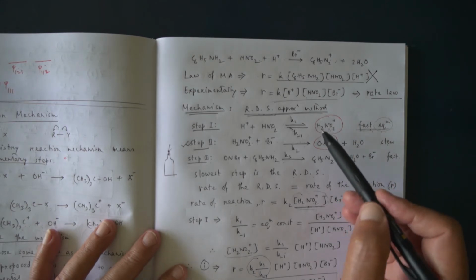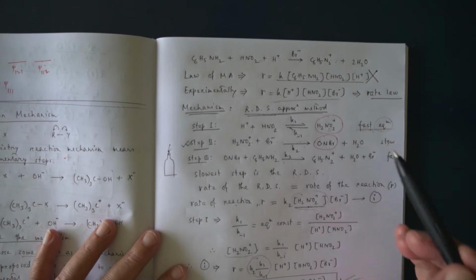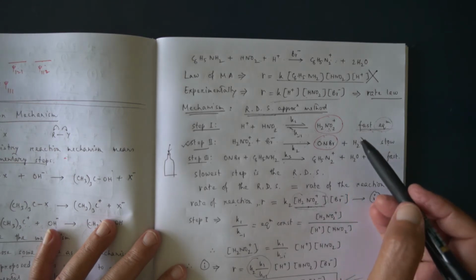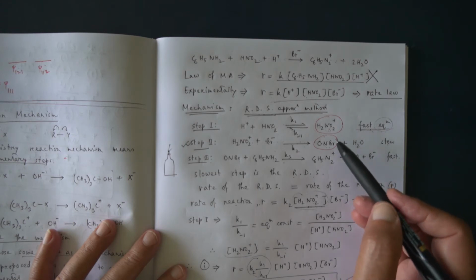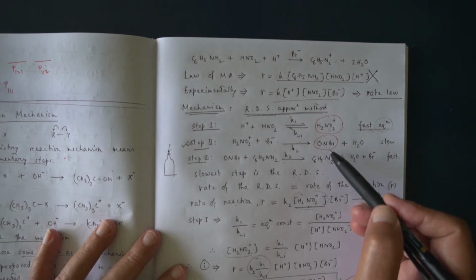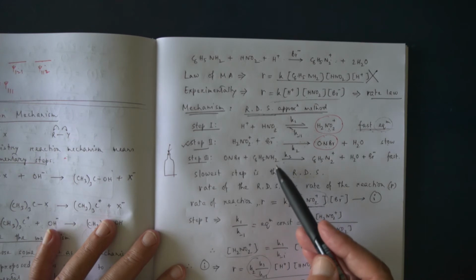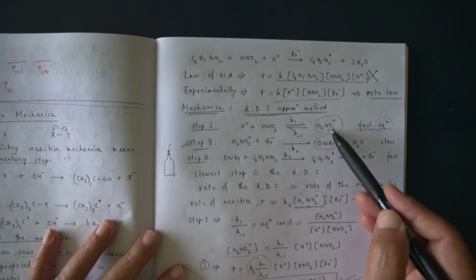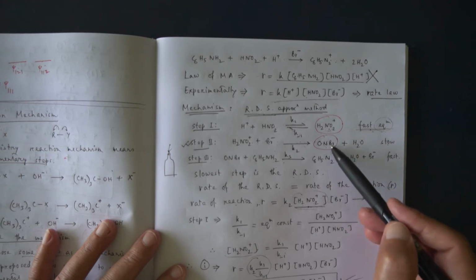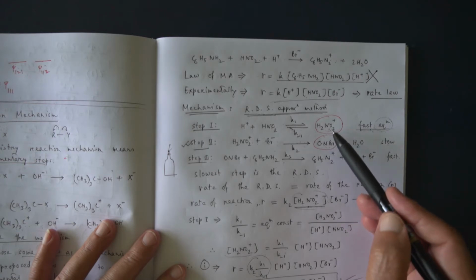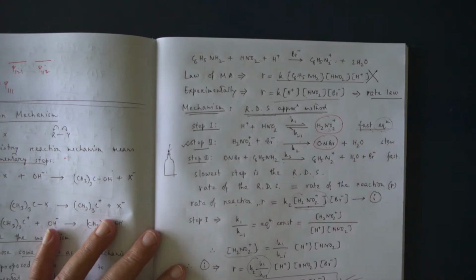I repeat, we have to identify the intermediate in the mechanism. So here in this mechanism, these are the two intermediates because they are neither reactants nor products.